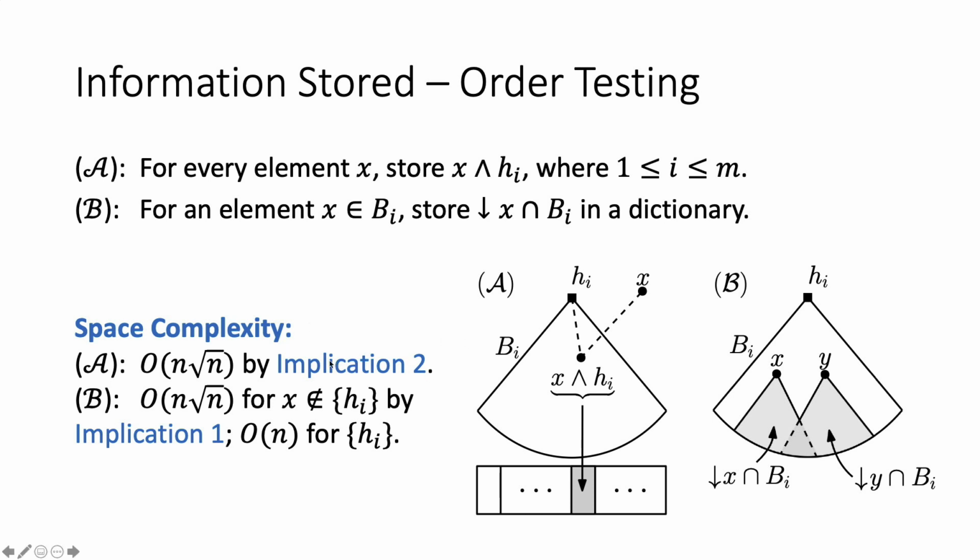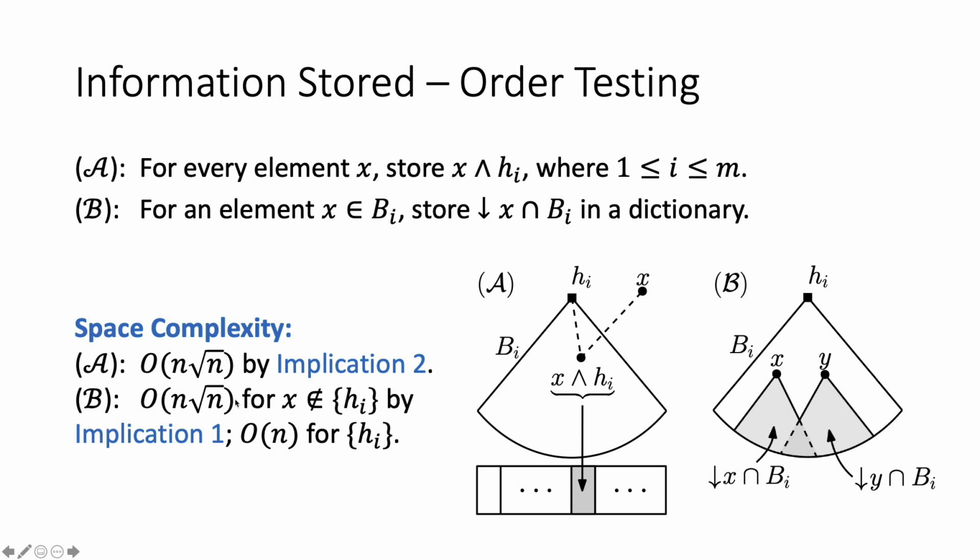So implication 2 says that we have at most square root n blocks. And so that means we can go ahead and store all this information in data structure A in n root n words of space. And now for data structure B, we also know that for any element that isn't a block header, by implication 1, the intersection of the downset with a block has size at most square root n.